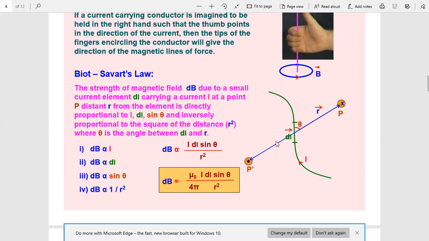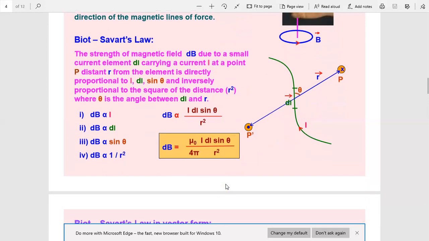And so combining all these four statements together, we get dB proportional to I dl sin theta upon r squared, or dB equal to K I dl sin theta upon r squared, where K is the proportionality constant and its numerical value has been determined using experimental activities, and K has numerical value mu naught upon 4 pi, where mu naught is the magnetic permeability of the vacuum.